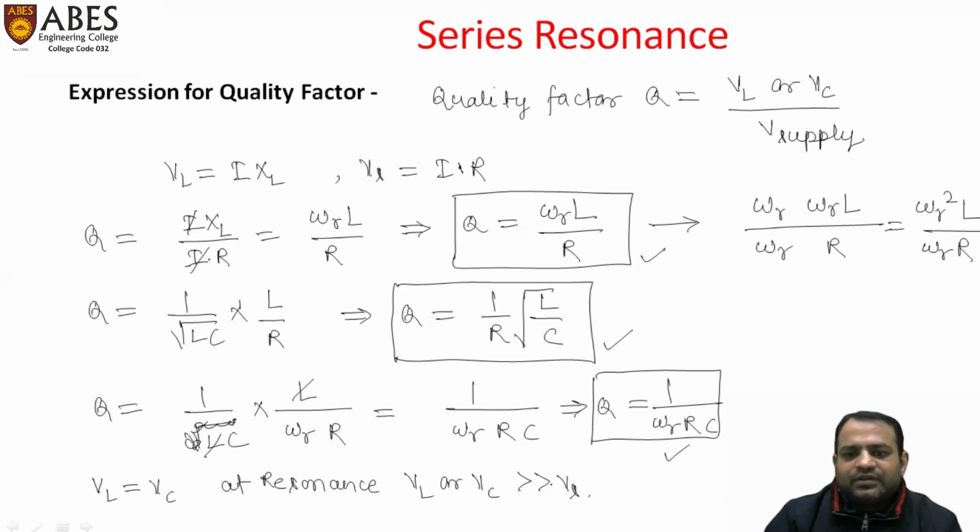If this is quite large, then the quality factor is always greater than 1. And we call this voltage resonance or voltage magnification.